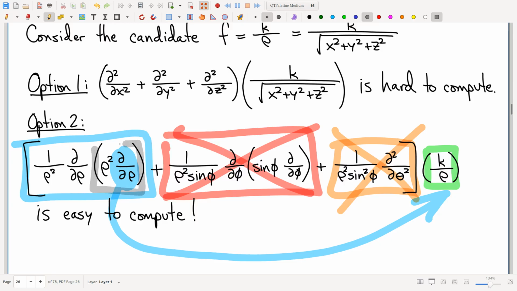That makes this product right here a constant. The rho partial was negative k over rho squared. Multiplying by rho squared, I get negative k. I get a constant. And then again, I think I heard somebody say it already, you take any sort of a partial of a constant, you get 0.